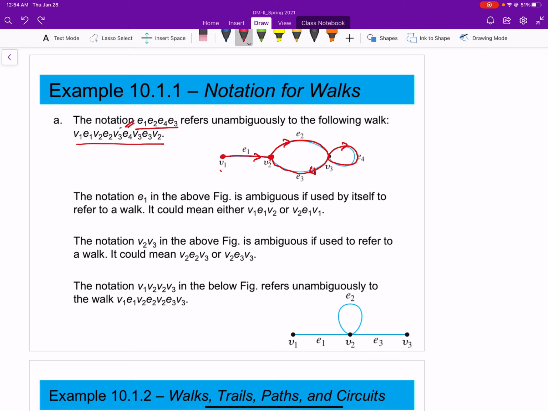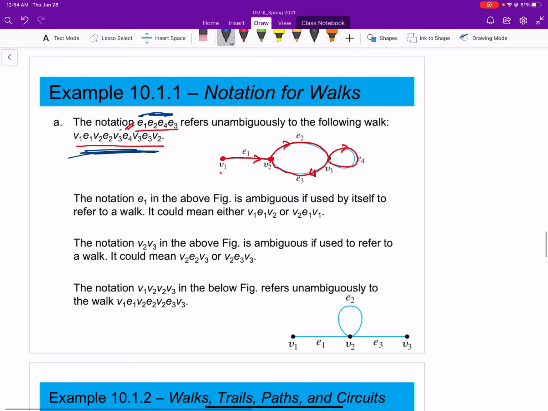Either you could use this simple notation, or you could use this long representation. This short representation or the long representation. As long as it's unambiguous, that's fine. Okay, so that's what I'm explaining here.